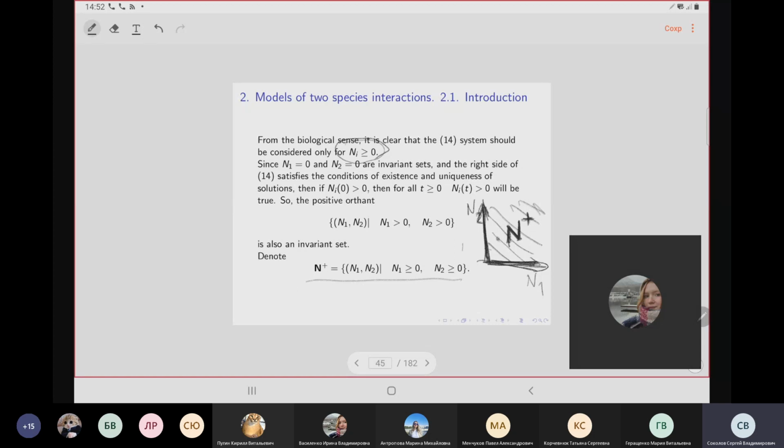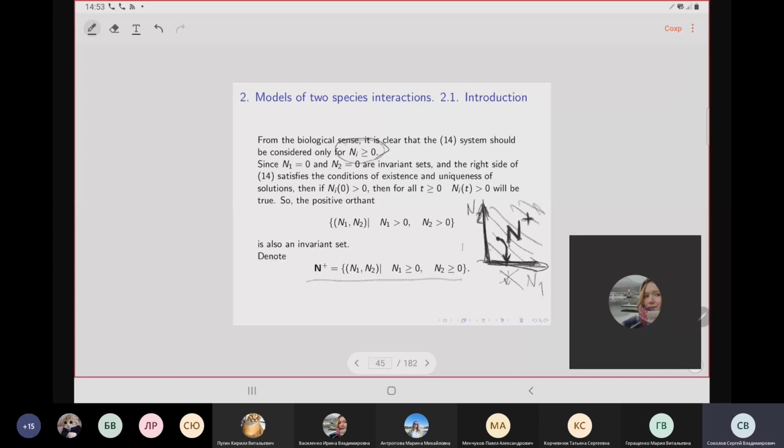So our curves can go to 0, can go to the border, but never can cross the border. It is very good from the biological point of view.